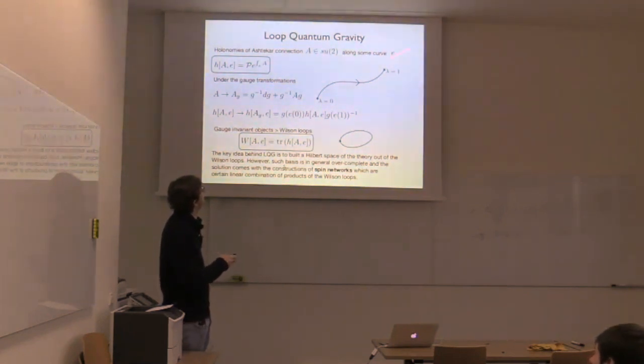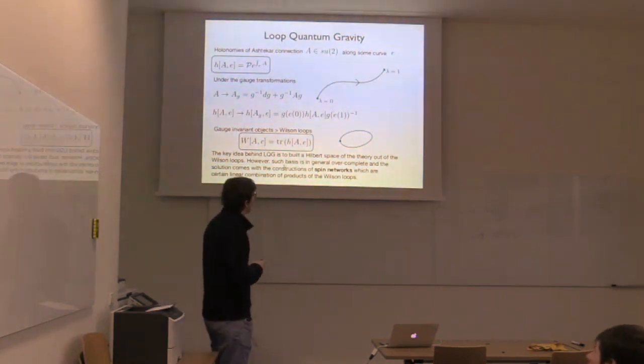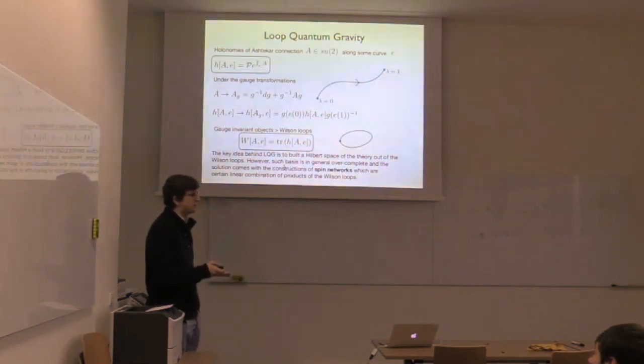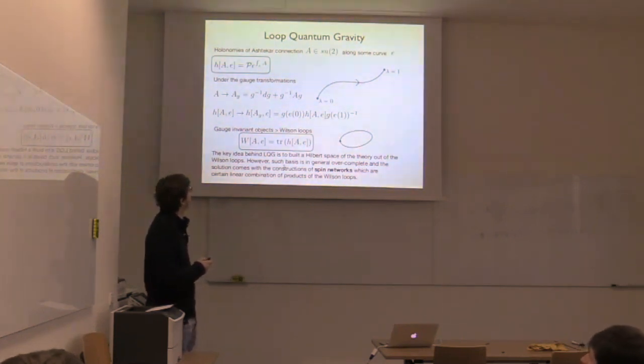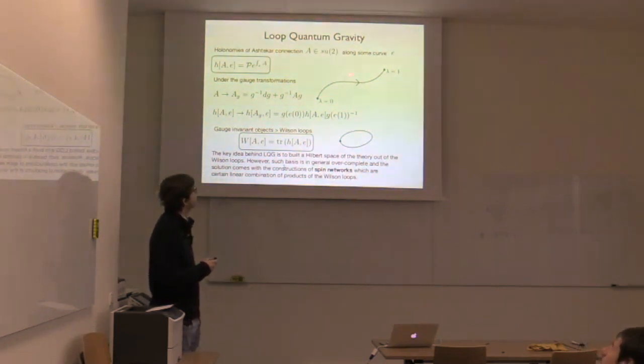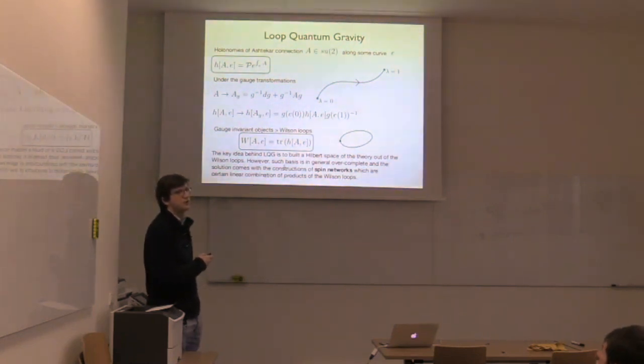And let me say a few words about what loop quantum gravity is. This is a particular approach to quantum gravity developed for 30 years already. The basic notions in loop quantum gravity are holonomies, the parallel transports of the gauge fields. So this is very similar to what you have in quantum chromodynamics.